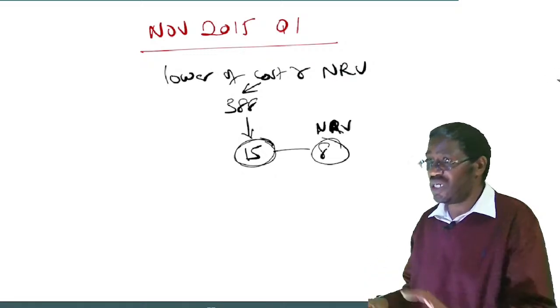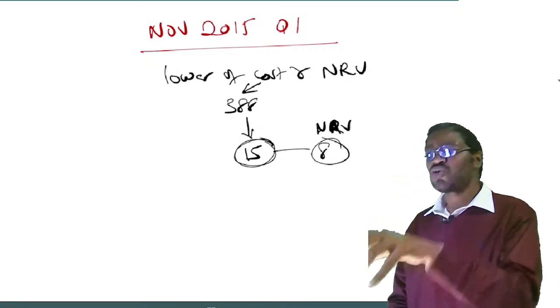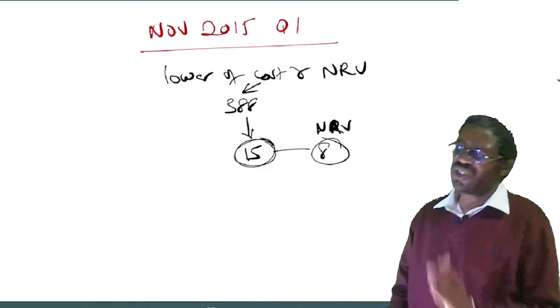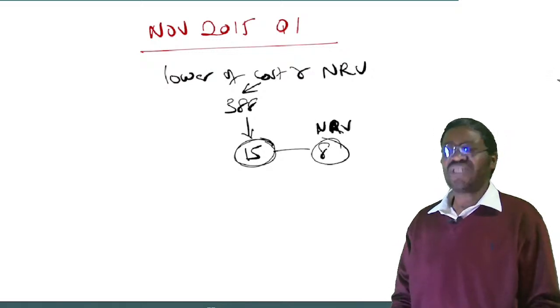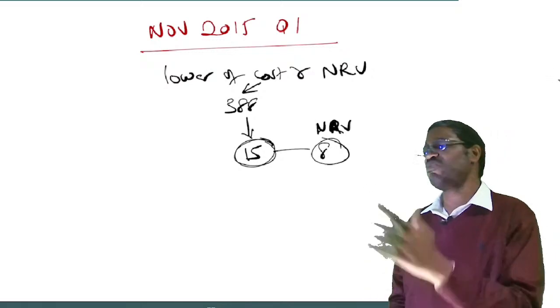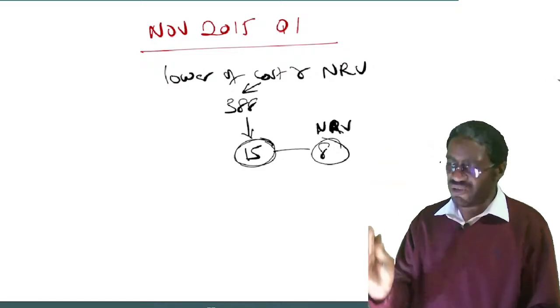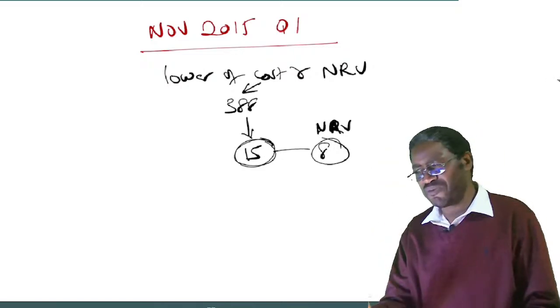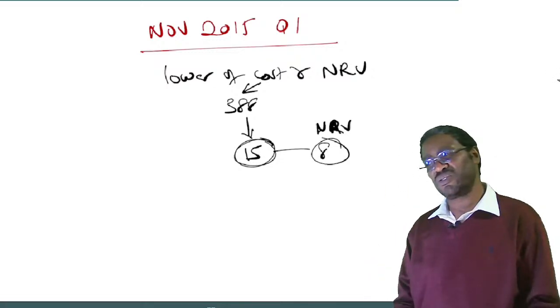Instead, by the end of the year, it should be valued at 8. Some questions even tell you both of these figures are given to you by the 31st of December 2014. That is, by 31st December 2014, there is a stock costing 15 million whose net realizable value is 8 million.